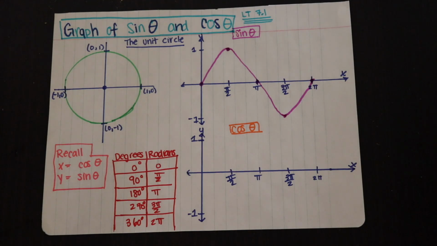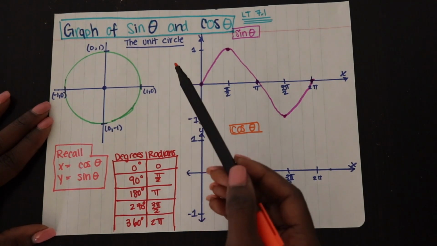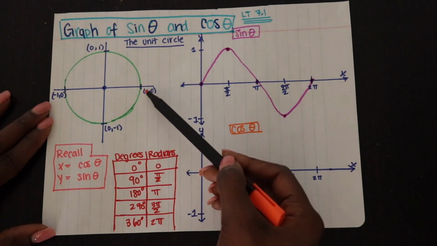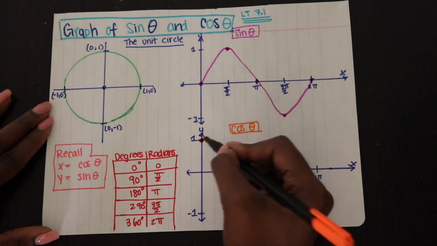We're going to do the exact same thing for cosine theta, and since we're doing cosine theta, we want to make sure that we're focusing on our x values now in this plane. So I'm just going to go all the way around. When we have 0 radians, our x value is equal to 1. So we actually start up here for cosine theta.